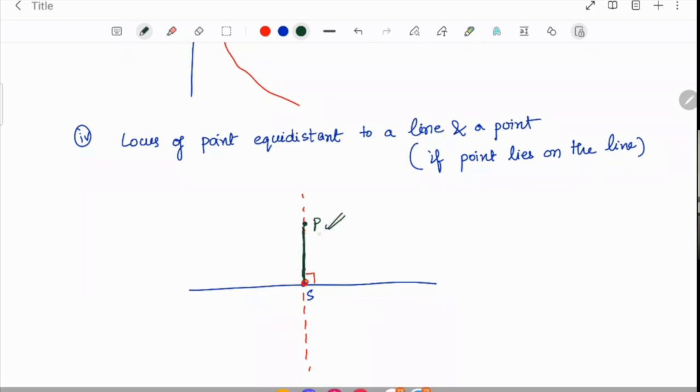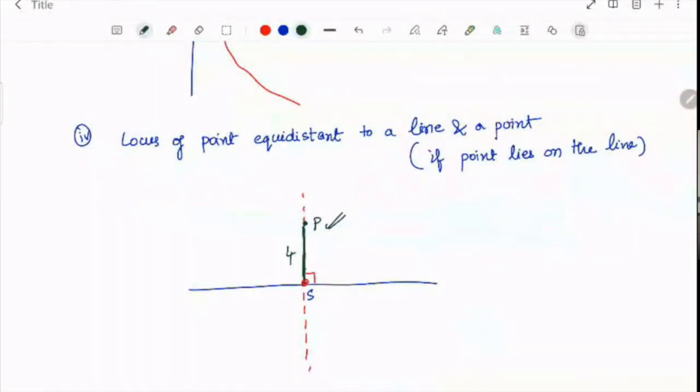What is the distance between P and this line? 4. Distance between P and S is also 4. What I want is that the two distances be the same, so yes, point P can be here. Similarly, if I take point P here, the distance between P and S is 5, and the distance between P and the line will automatically be 5.